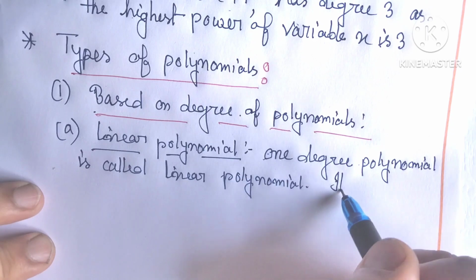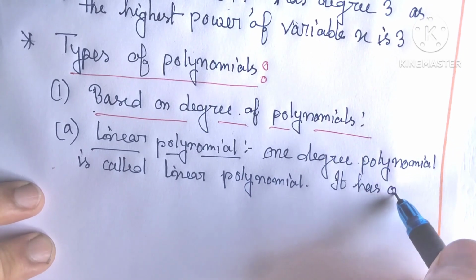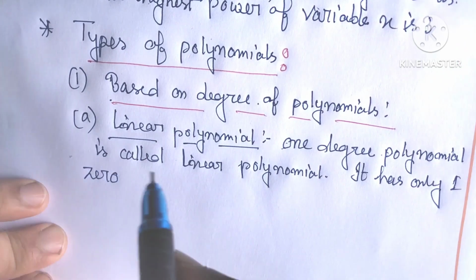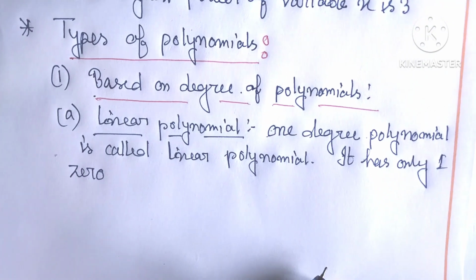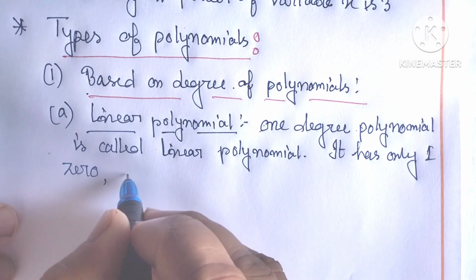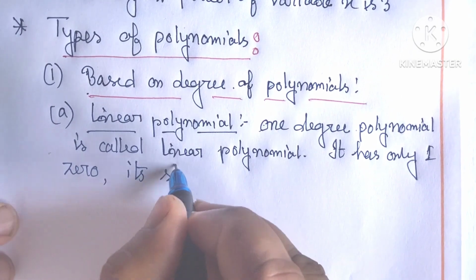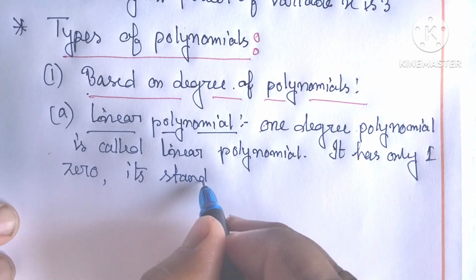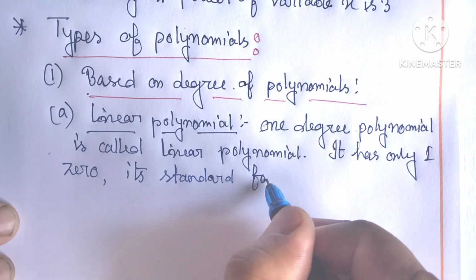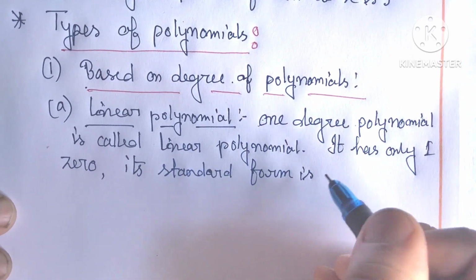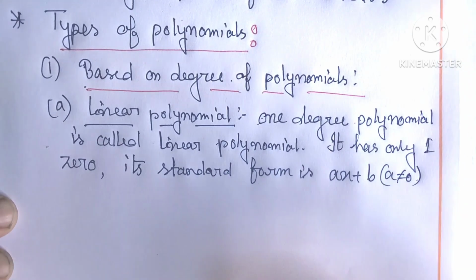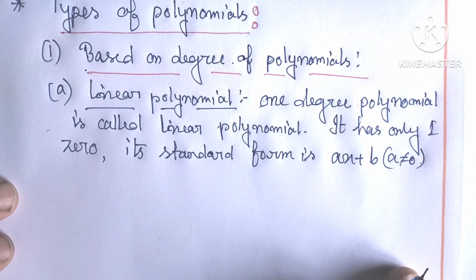It has only 1 zero. Its standard form is ax plus b, where a is not equal to 0 and a and b are any real numbers.